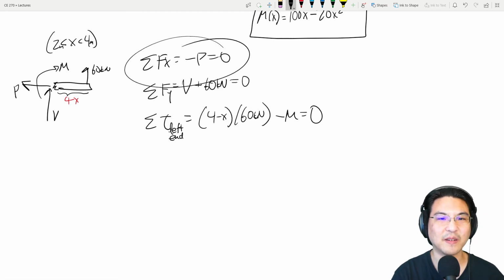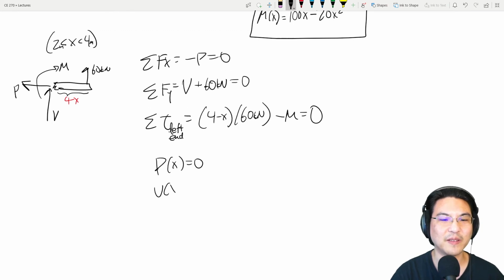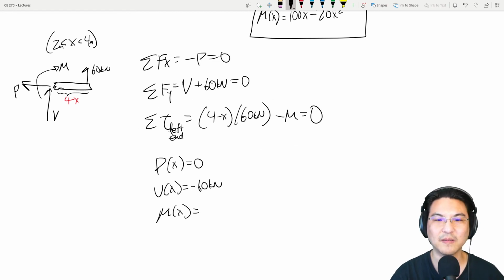So here, P is 0, here, V is negative 60, M is, I'll just copy that down, or you can multiply it through, 240 minus 60x, or you could just leave it like that, same thing, right?